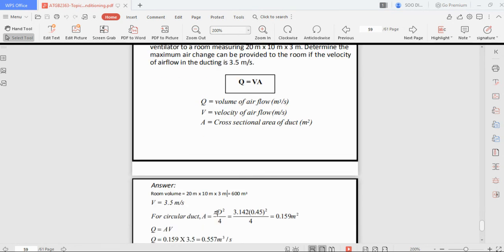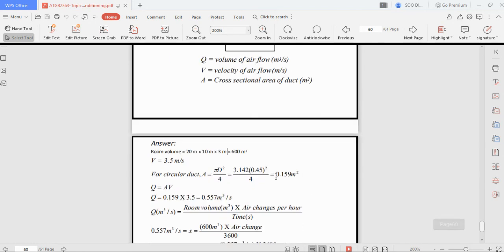But essentially, pi r square and pi d square over 4 is the same thing. So continuing on, for the area of the duct, because they give you the value for the diameter, you plug it in and then you have 0.159 meter square.